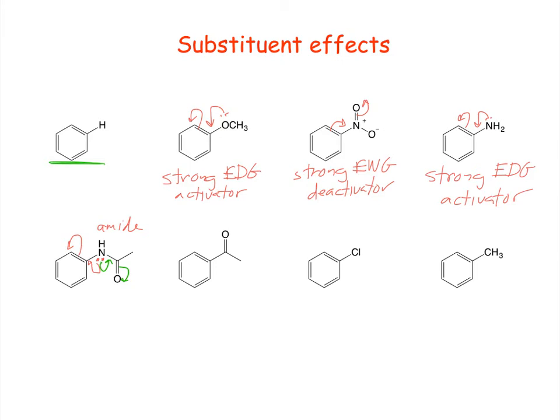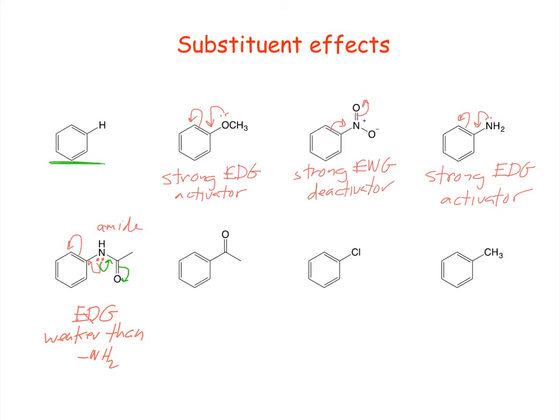So that oxygen of the carbonyl is pulling some electron density away from the nitrogen, making a weaker donating group. This is still an electron donating group, but weaker than just having the aniline, just the NH2.